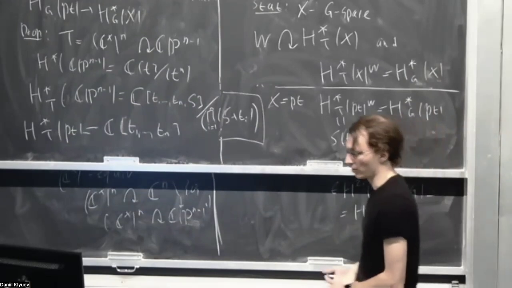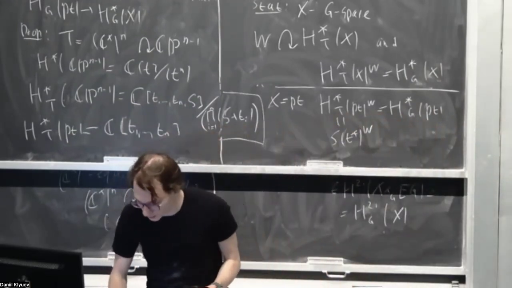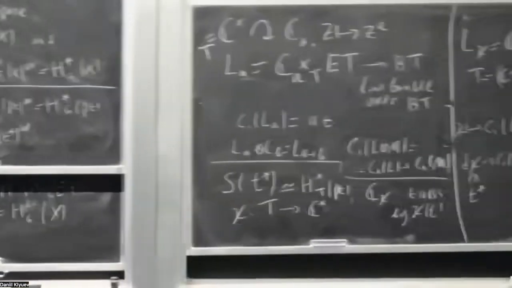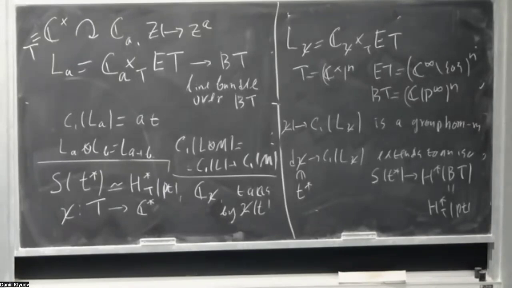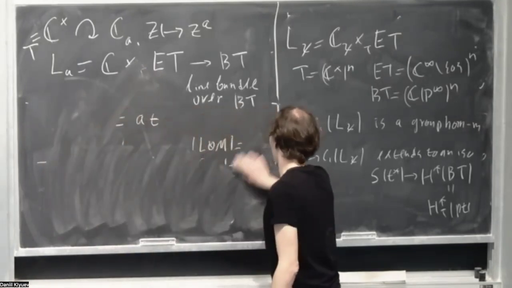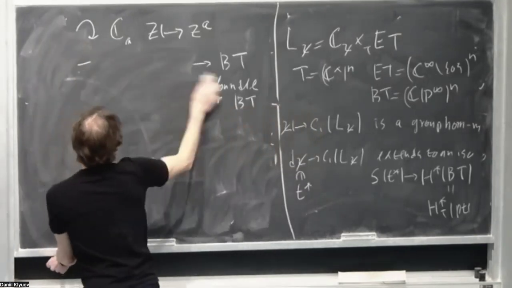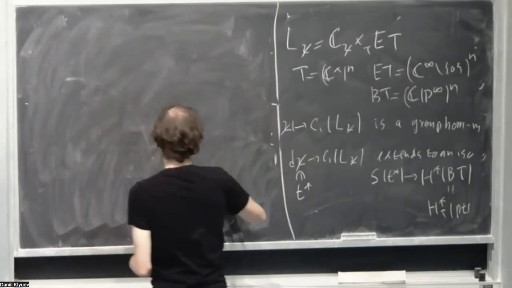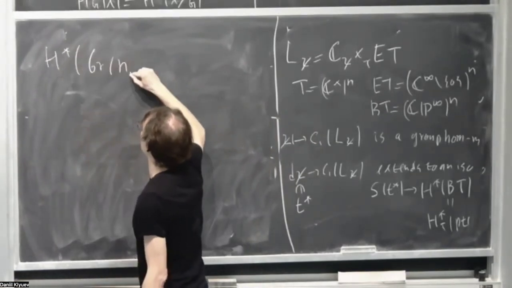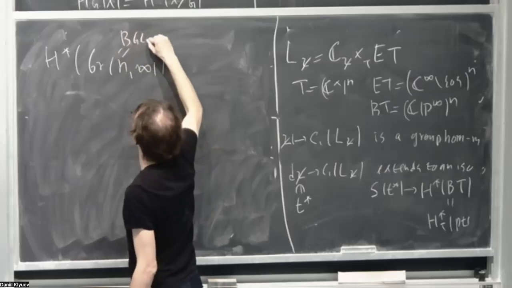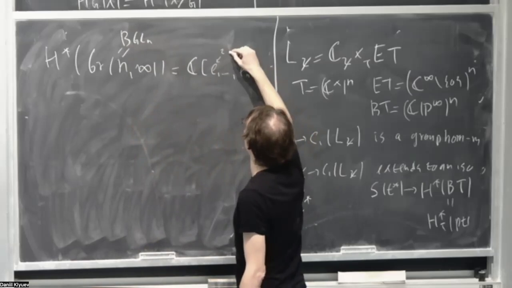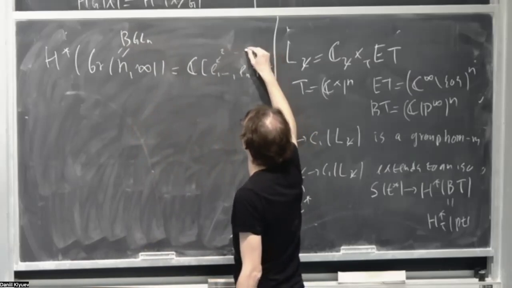And so maybe an even nicer example is G equal to GL_n, where in this case we discussed, in the definition of Chern classes, that H* of Gr(n, infinity), which is BGL_n, is generated by generators of degree 2, ..., 2n.